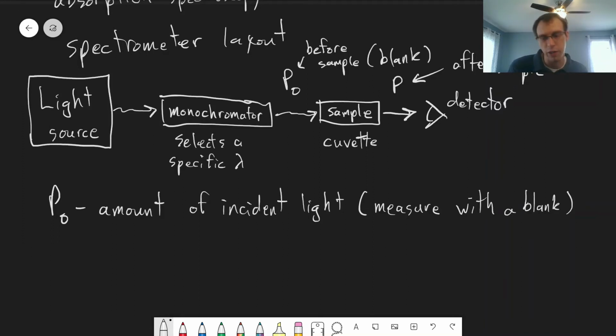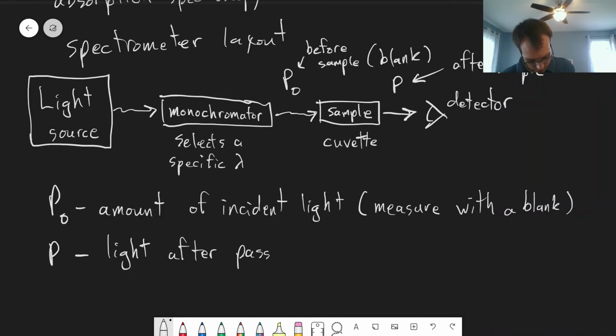So often just water if we're doing aqueous samples. And sometimes it'll also include the reagents you're using. P then is our amount of light after passing through the sample.